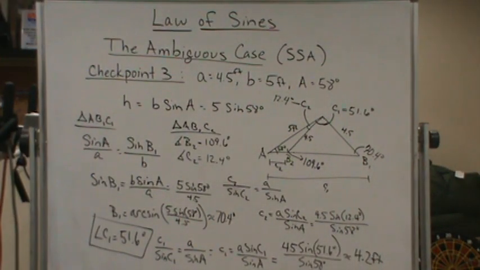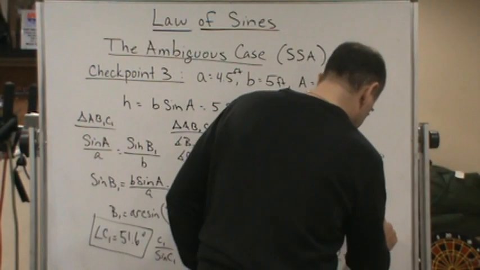Okay, so now let's plug this in. It's going to be 4.5 times sine of 12.4 divided by sine of 58. And we get 1.1. So we get approximately 1.1 meters.